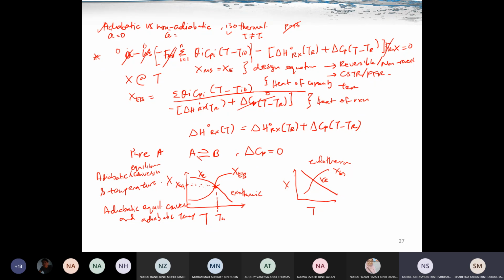This one also you can expand in the equation.